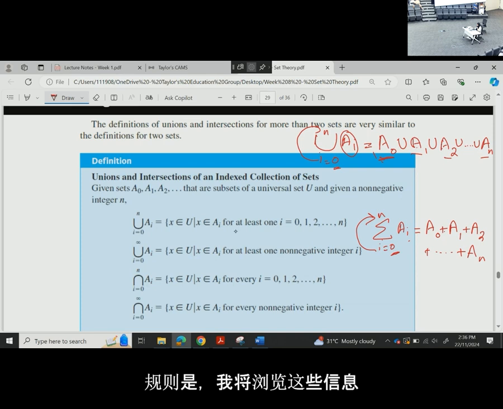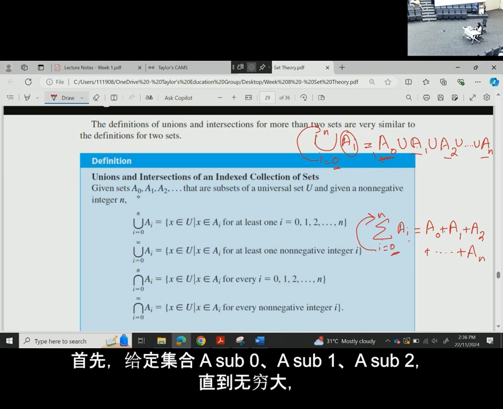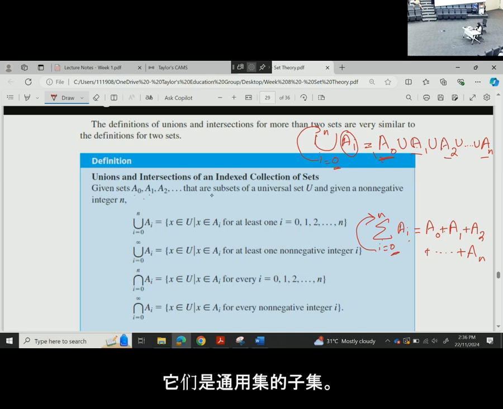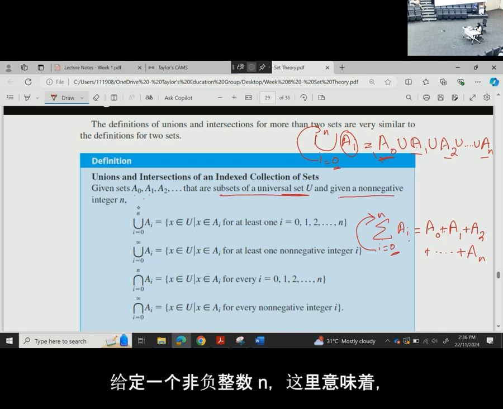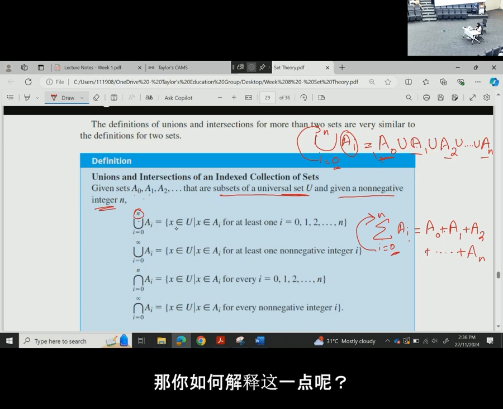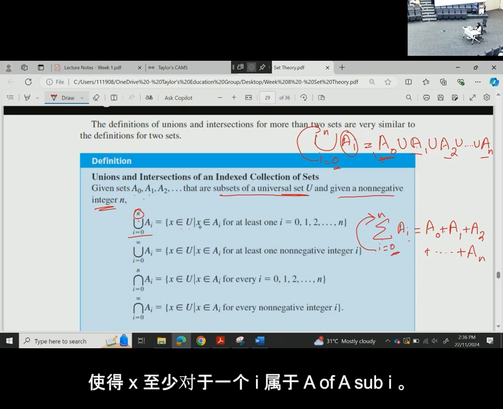Okay, and the rule is that, I will go through this information first. Given sets A sub 0, A sub 1, A sub 2 up to infinity that are subsets of a universal set, and given a non-negative integer n, it should be positive here, then how do you explain this, and what is the rule that X belongs to the universal set such that X belongs to A sub I for at least one I?